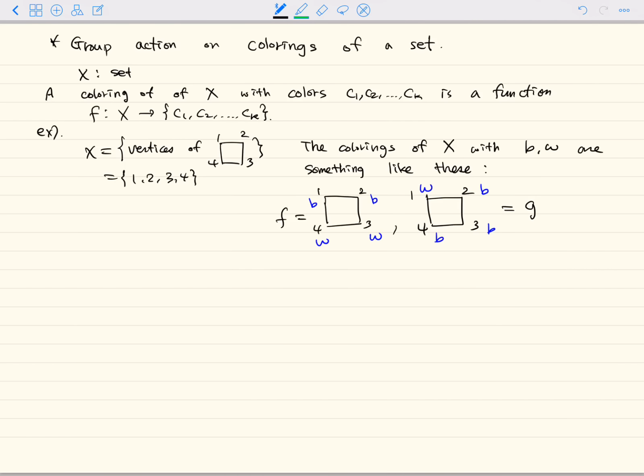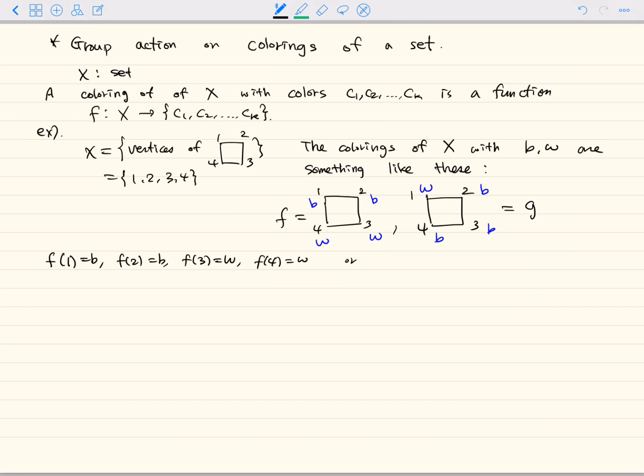I represented this coloring using just a diagram, but if you want, you can represent it as a function: f of 1 equals b, f of 2 equals b, f of 3 equals w, f of 4 equals w.